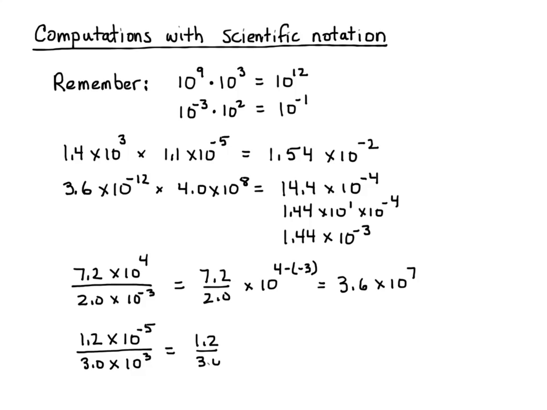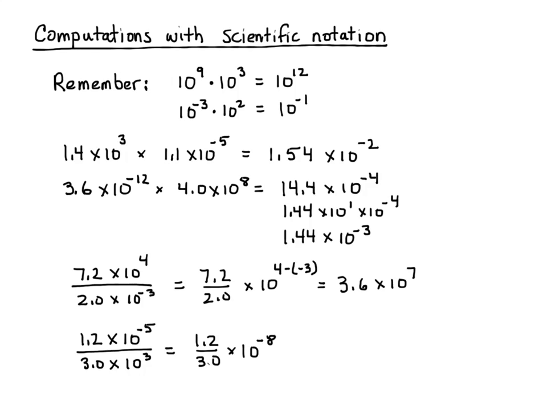Okay, so another example. We have 1.2 times 10 to the -5th divided by 3 times 10 to the 3rd. So we take our 1.2 divided by 3, and then we resolve the issue of taking the exponents of 10. So it's going to be -5, and then since the 10 to the 3rd is in the denominator, it's going to be -5 minus 3 is -8.